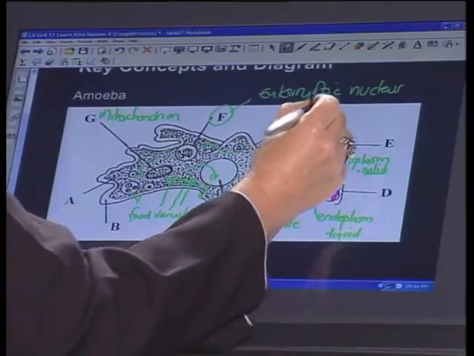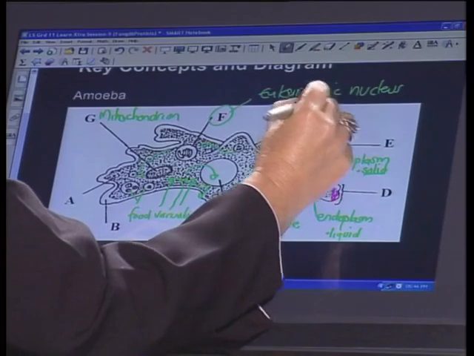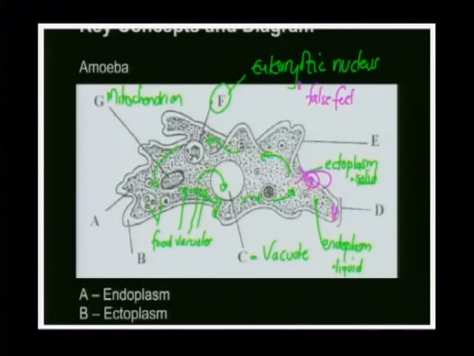Now, wonderful, wonderful term. These protrusions here are nicknamed false feet. And the correct biological term for those is pseudopodia: pseudo, meaning false, podia, meaning feet. And these pseudopodia can be used to help the amoeba creep along slowly.